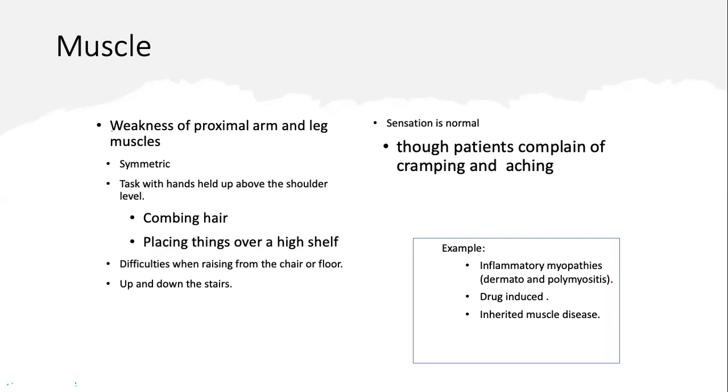So don't mix cramps and aching pain with abnormal sensation, because when you do the sensory exam, it will be totally normal. There are a lot of causes for muscle disease. The classic example is inflammatory myopathy, like dermatomyositis, polymyositis. It could be drug induced, for example, a statin medication that lowers the cholesterol level could induce myopathy, or it could be an inherited muscle disease like Duchenne muscular dystrophy.